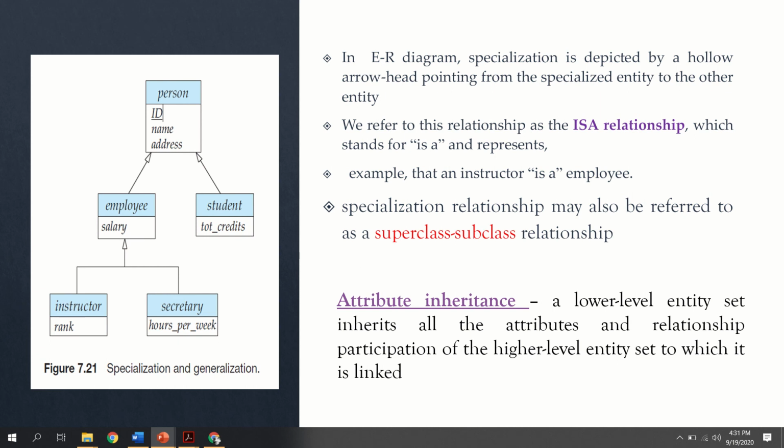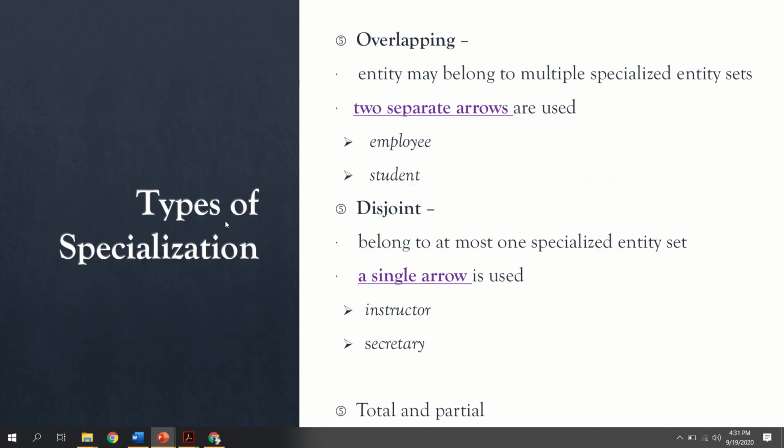That means he is working as well as studying. That is also possible. So if we take any entity from this top level, he can be in both of these subclasses. That is the meaning of overlapping. Suppose I am a person, I am an employee and I am a student. That entity actually overlaps. So that is called overlapping specialization.